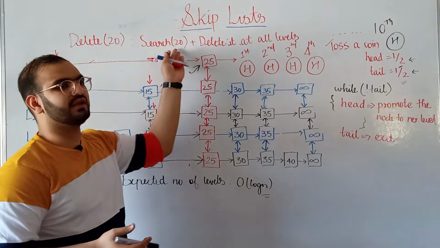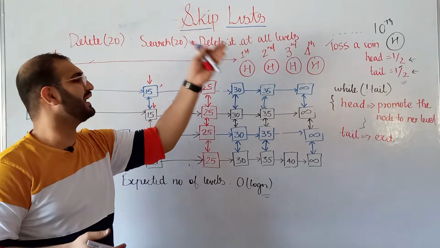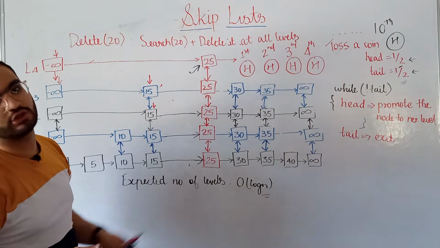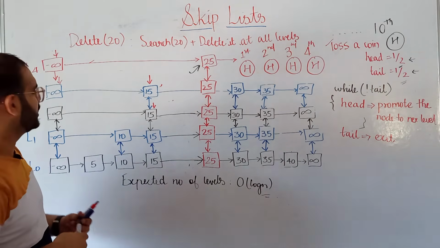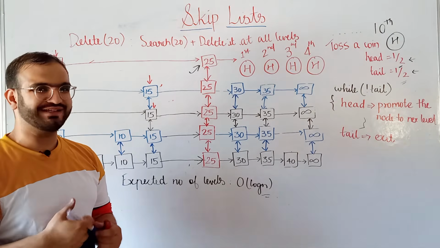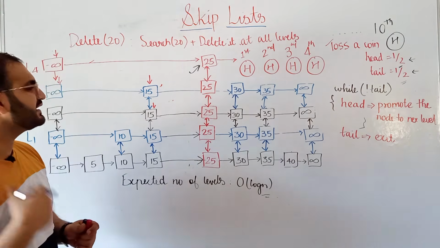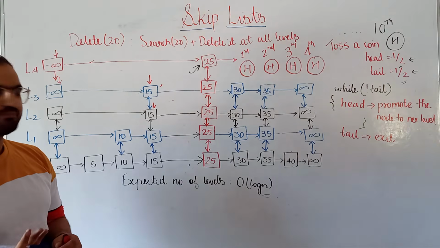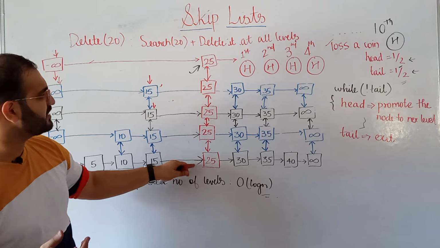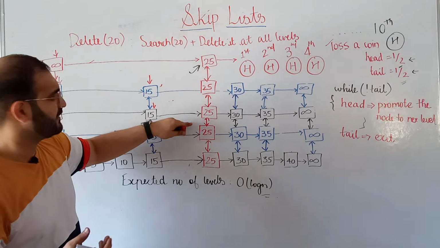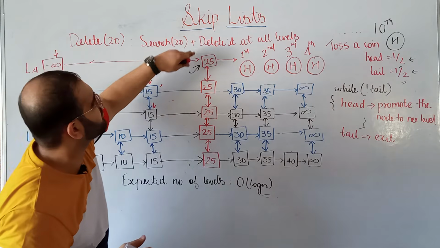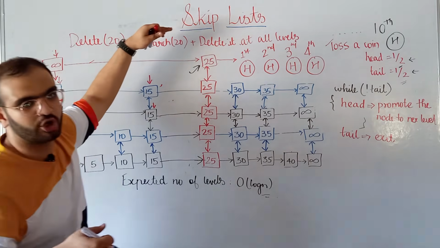Again, the delete operation involves the search operation, and then we delete that particular node from all the levels, right? But I want some questions to arise in your mind. When we are inserting a particular element, like when we inserted this element 25, and we said that we will be tossing a coin and then determining if this element has to be promoted to the next level or not.